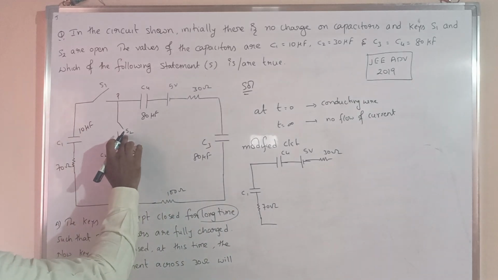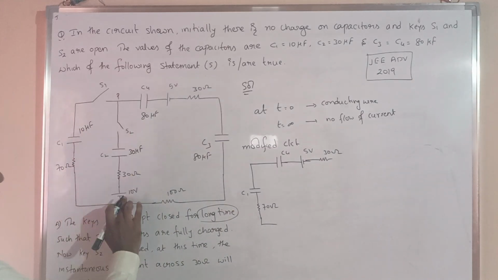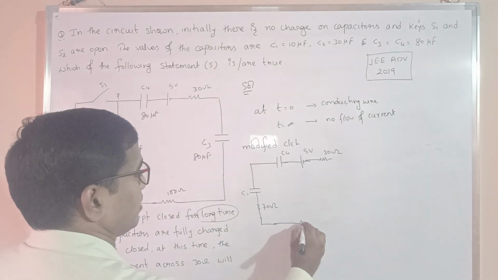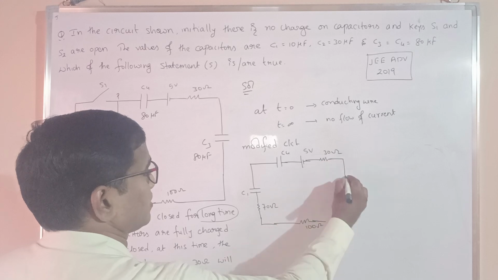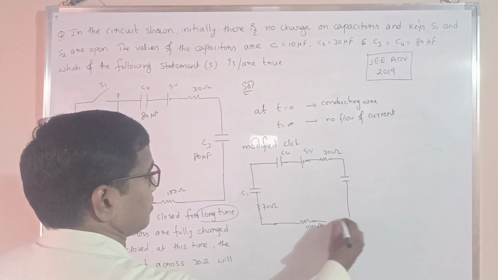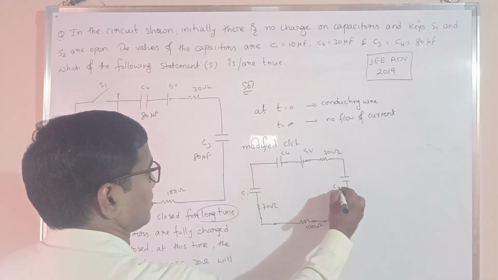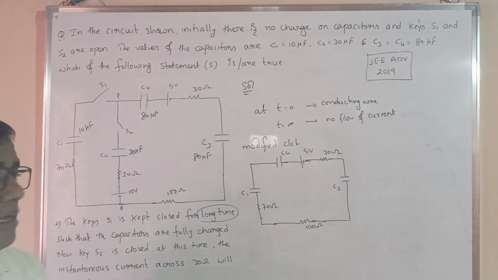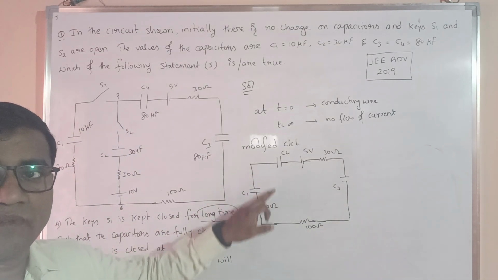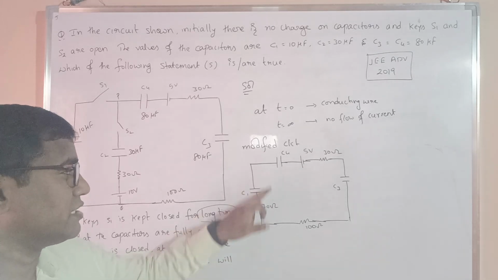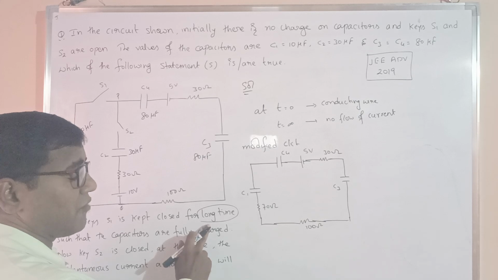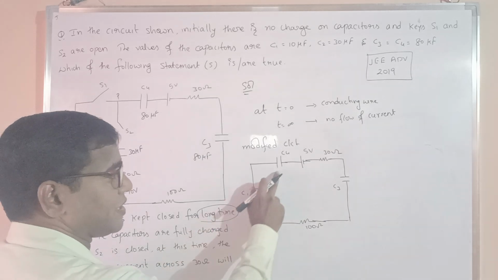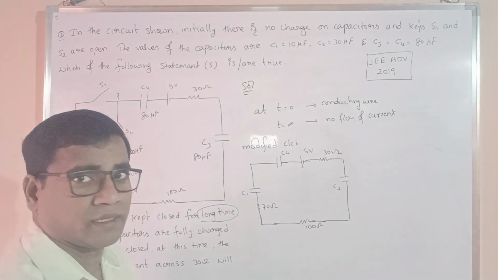As S2 is open, there is no need to draw this one, and here it will be 100 ohm, and here capacitor C3 is given. We do not need to draw the center one because S2 is open. Now see, after a long time, which means the capacitors are fully charged.